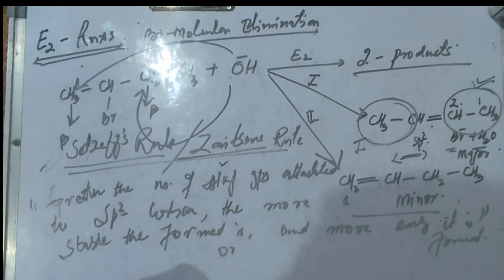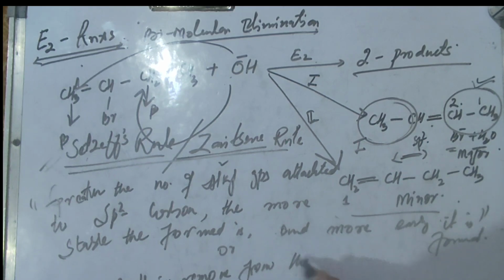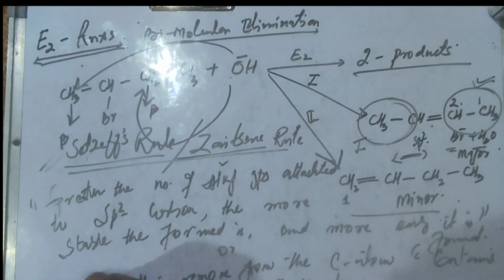That means the beta hydrogen is removed from the carbon atom which contains the least number of hydrogen atoms. So this is the second statement of Saytzeff's rule.